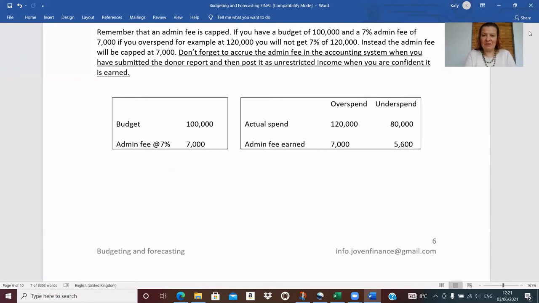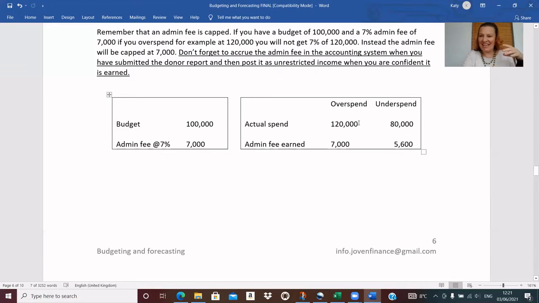Finally, on the admin fee, a little example here to remind you that admin fees are capped. Say we have a budget of 100,000 and our admin fee is 7%. That means our total funds would be 107,000. Here we report our actuals and we report 120,000.